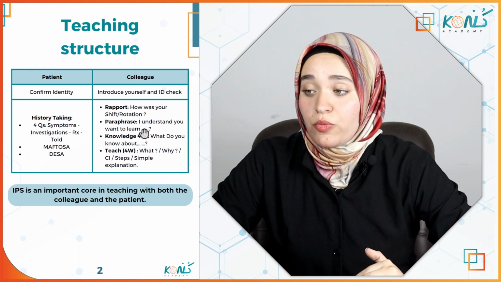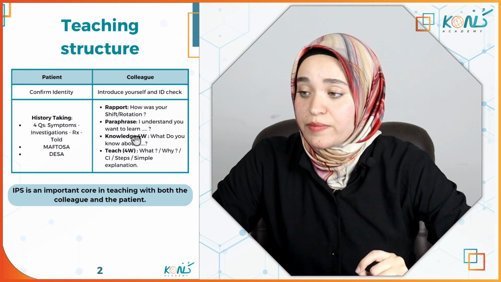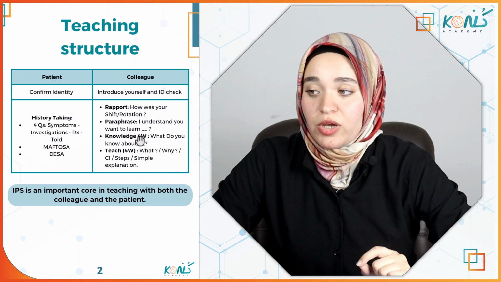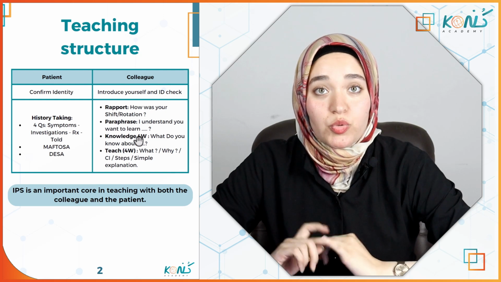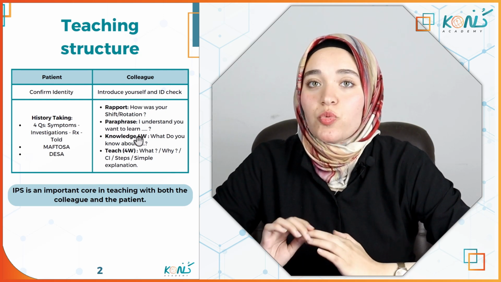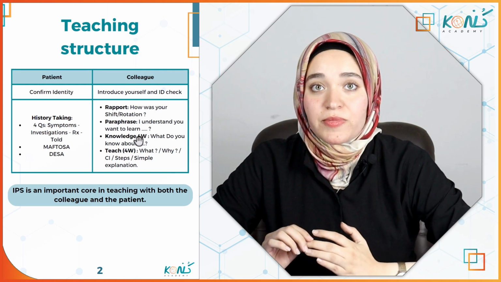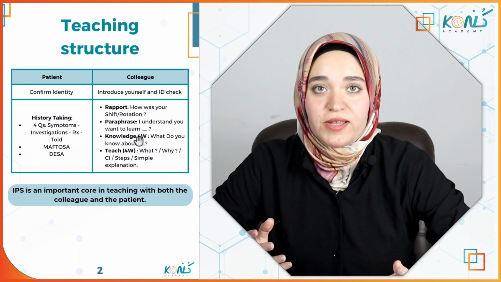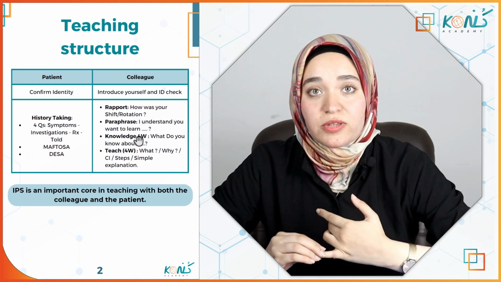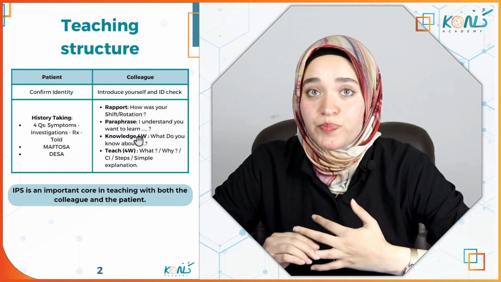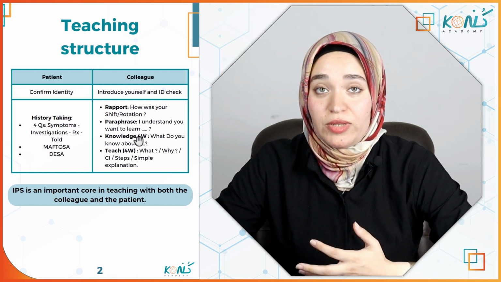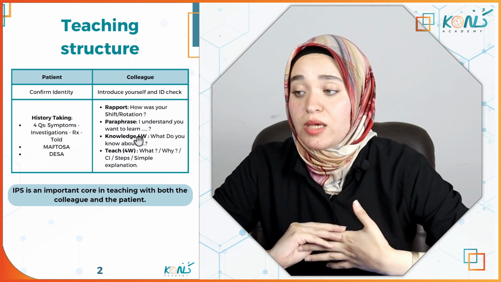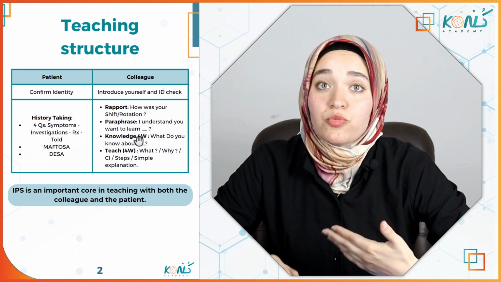Then, as you can see here, there are 4 W questions: what do you know, what do you want to know, and why we need this, and what is this in the first place. So what do you know, what do you want to know, what is the thing you are going to teach the patient, the colleague about, and the last thing, why and when we need it.